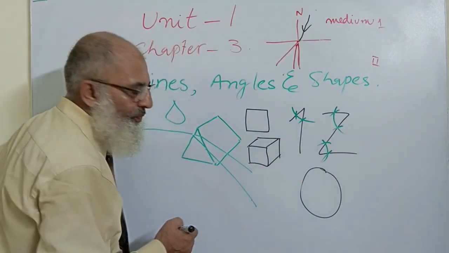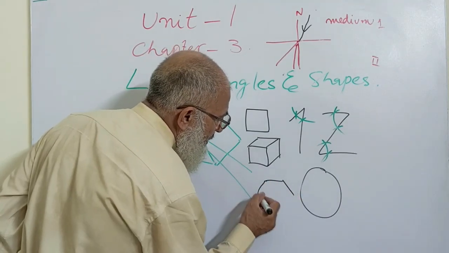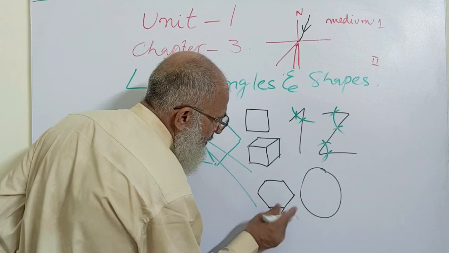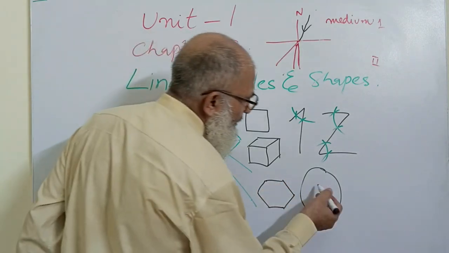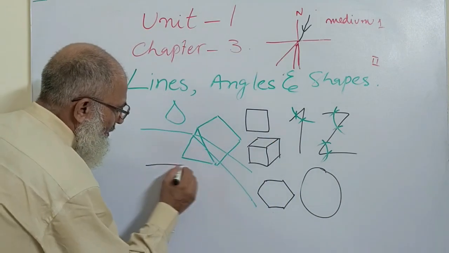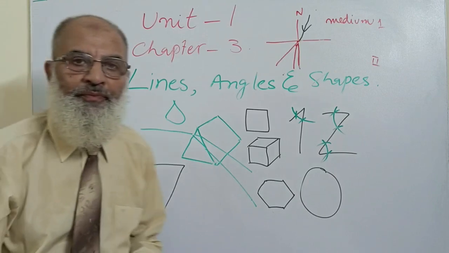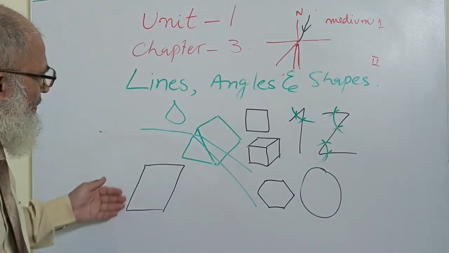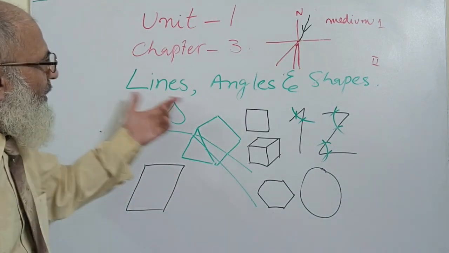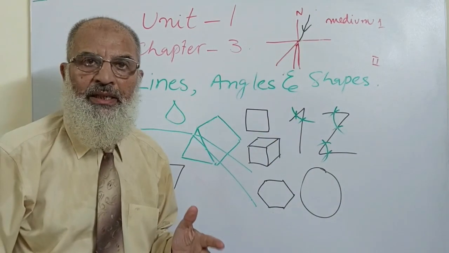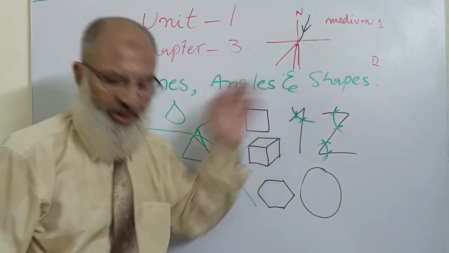Now it is a cube, and similarly some other shapes: this is a hexagon with six sides. This is a quadrilateral, a rough quadrilateral. So there are many different shapes. Now we'll study one by one what these terms written here are: lines, angles, and shapes.